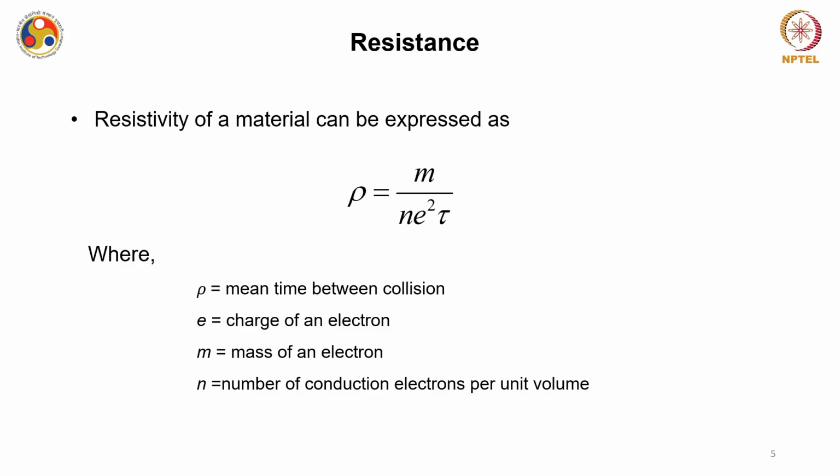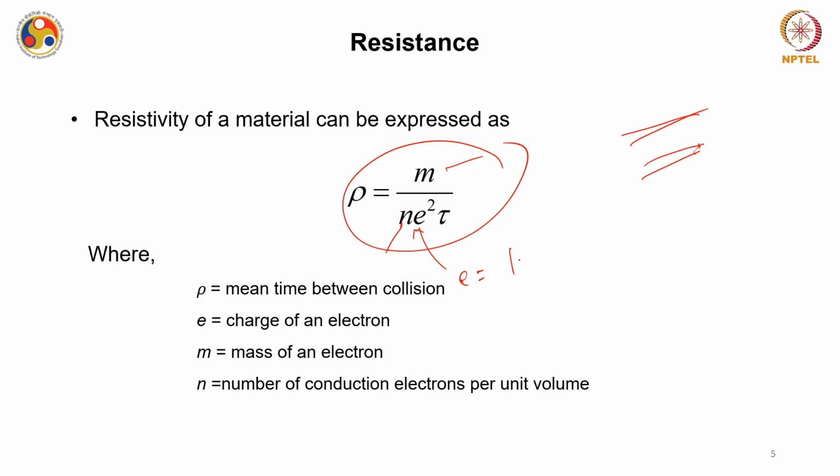The resistivity of a material from the material point of view can be written as m by n e square into tau. I am seeing this particularly for a conductor, say a metallic wire. m is the mass of the electron, n is the number of conduction electrons per unit volume, e is the charge on an electron, or 1.6 into 10 power minus 19 coulomb, and this is tau, not rho.